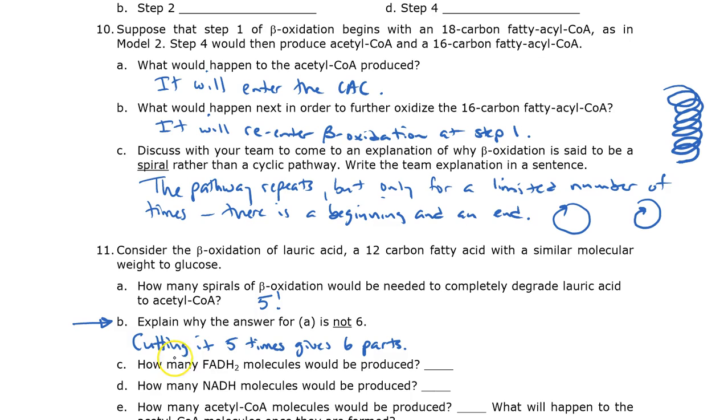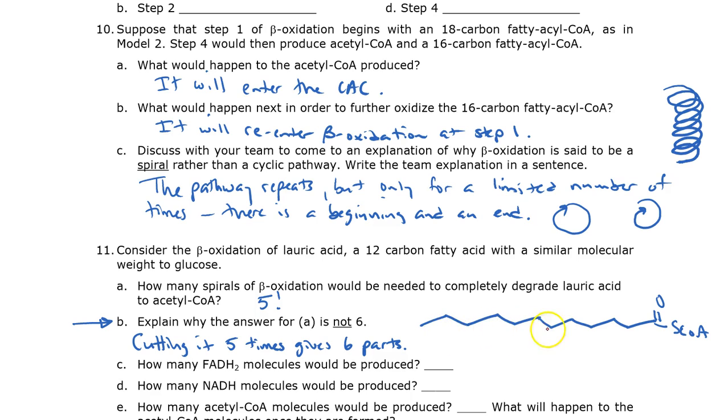Here is a sentence that explains it. But I think if I draw a picture, that might be more helpful. So 12 carbon fatty acid, 2, 4, 6, 8, 10, 12. Okay.